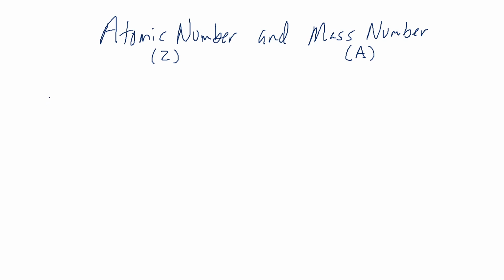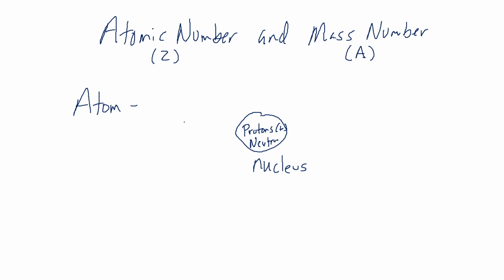Obviously, if we're talking about these things, we're talking about the atom. So let's take a moment here and go back and talk about the parts of the atom, which hopefully you know by now, but just in case you don't, we have our nucleus, a fairly badly drawn circle there. Inside our nucleus, we have our protons, which are positively charged. We also have some neutrons in there, which have no charge.